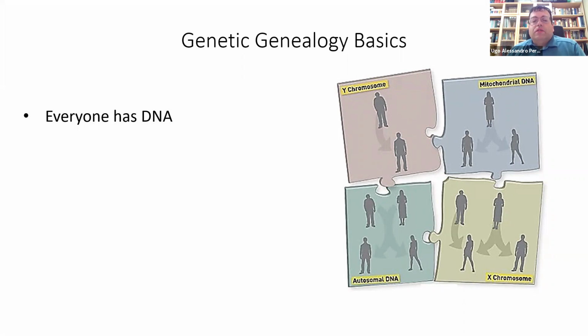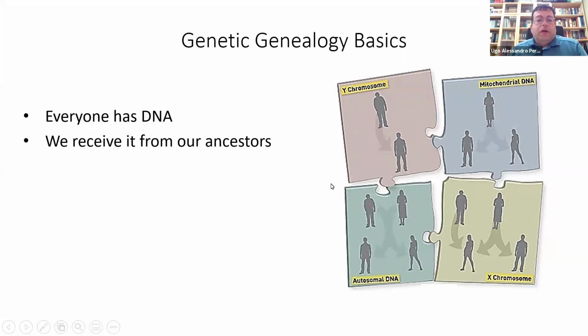So, what is the basis of it? Well, first of all, everyone has DNA. So, you might not know who your parents or grandparents or great grandparents are, but definitely you have some DNA that you have inherited from them. Every single person is the result of two individuals, a father and a mother's DNA.